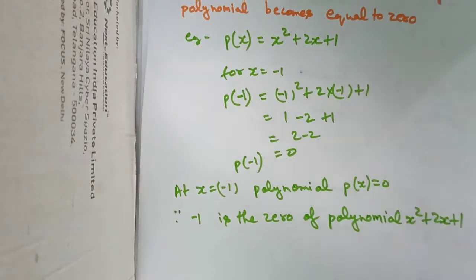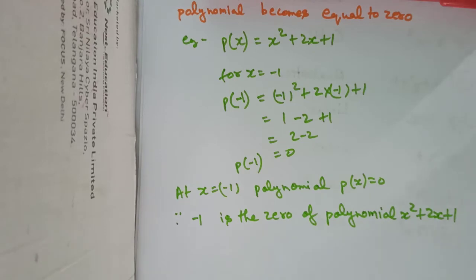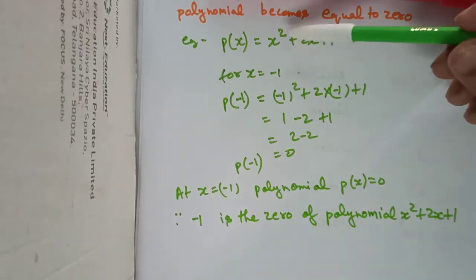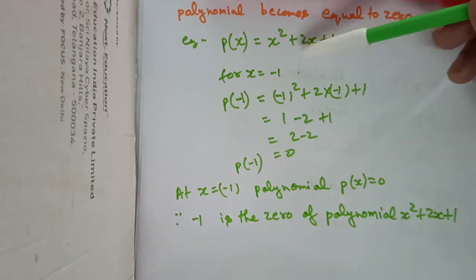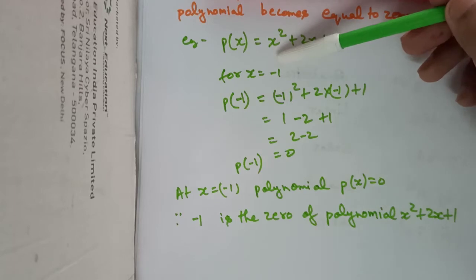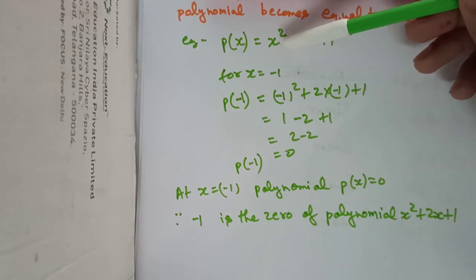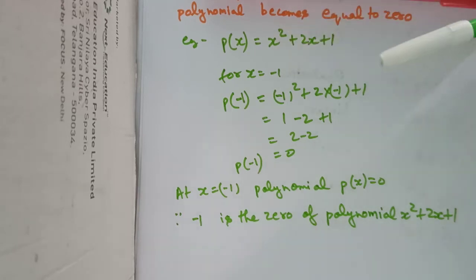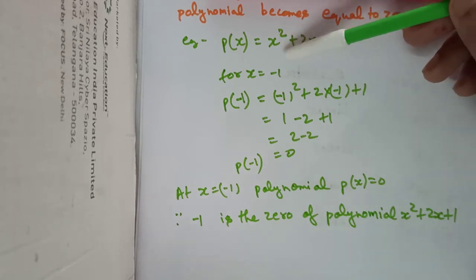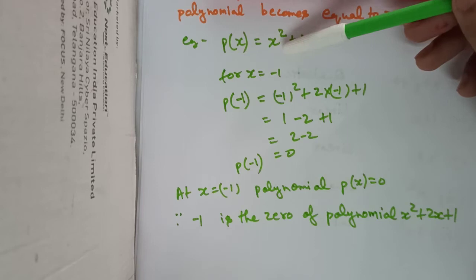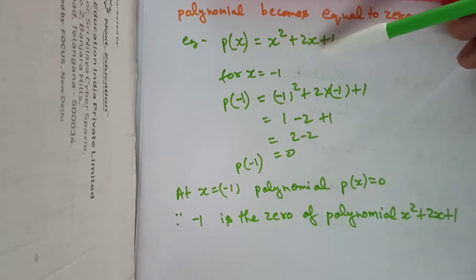I suppose it is clear now. In this only, if I add, because x is a variable, it can have any value. So suppose I would have substituted the value of the variable as 0, then if we calculated p(0), p(0) will be 0 square plus 2 into 0 plus 1.